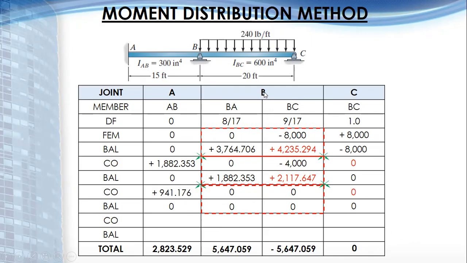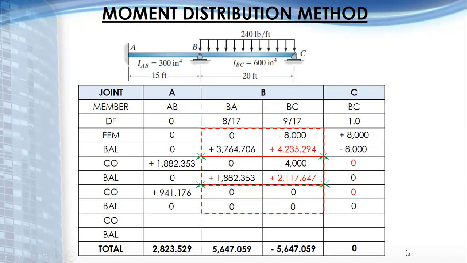Okay. Dapat ang value sa BA and BC the same but opposite in sign. Dapat equal, or if not, small difference, round of error, okay lang.